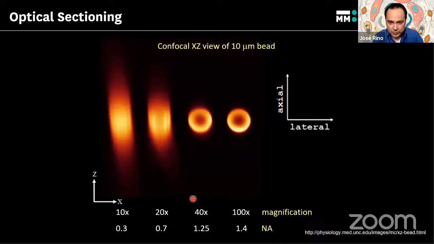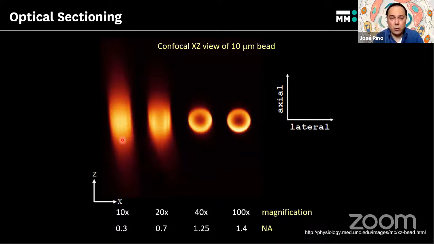Notice that when you are using high magnification objectives with high numerical aperture, you are able to resolve the 10 micrometer bead in the Z direction. You are able to actually measure it, whereas if you're using a low magnification, low numerical aperture objective, you basically lose the optical sectioning ability of a confocal microscope, and what you see is very similar to a wide field microscope.